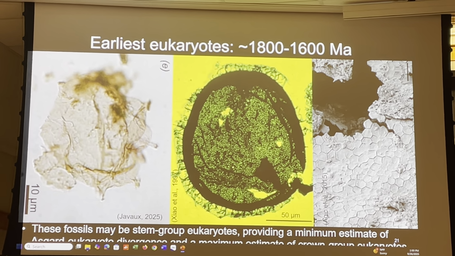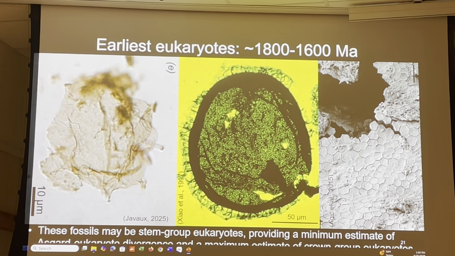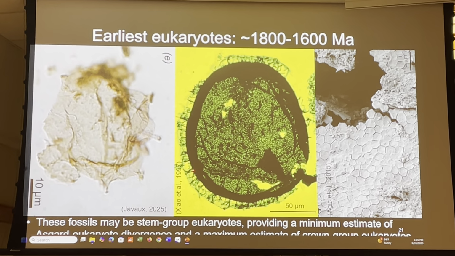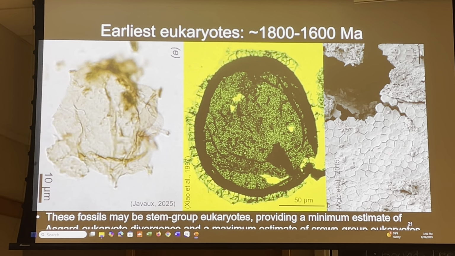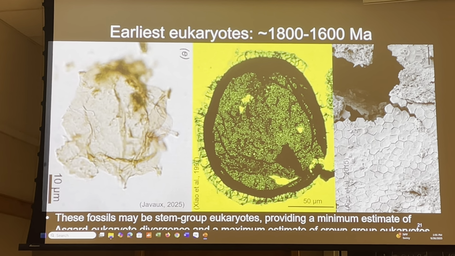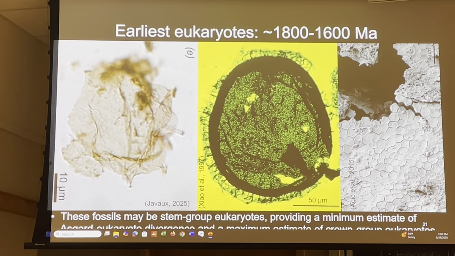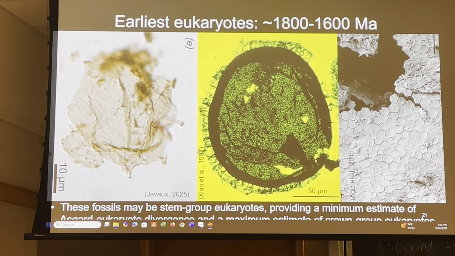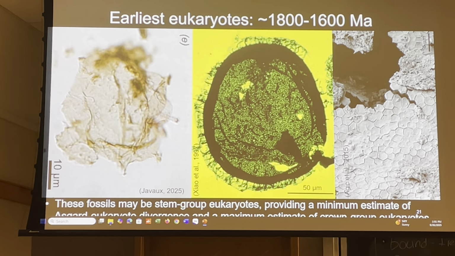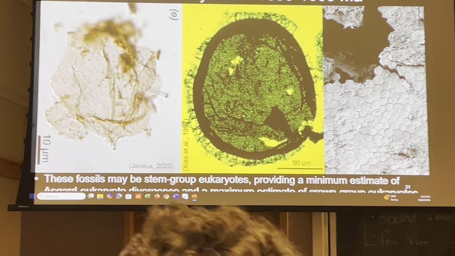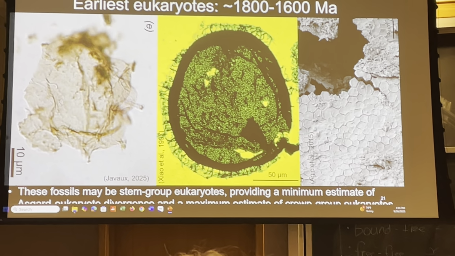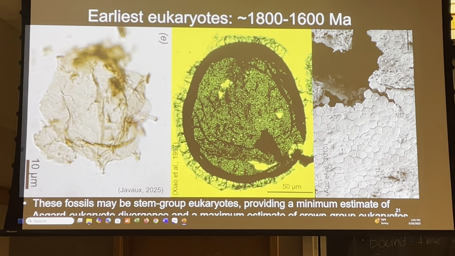This is a single cell organism, but the cell wall has the type of structure, the spines, for example, and this reticulate pattern that requires the machinery of eukaryotes, and particularly actin-based cytoskeleton, to manipulate the cell membrane to make those spines and to make this type of cell wall.